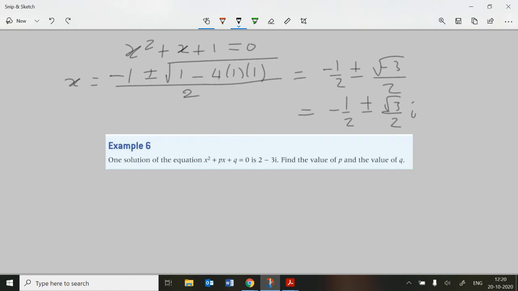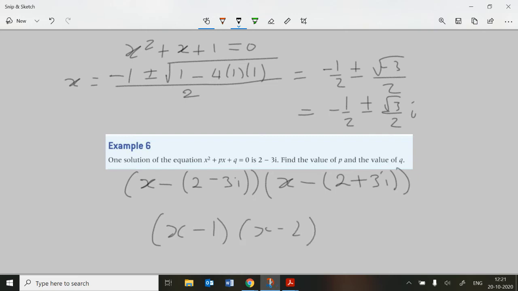So if I was to factorize this, then I'd have x minus this thing here. And the other solution is going to be x minus 2 plus 3i, because those are your two solutions there. Think about that one. If I said x minus 1 and x minus 2 was my factorization, and that's equal to 0, then we'd quite easily see that x is equal to 1 and x is equal to 2 as our two solutions.